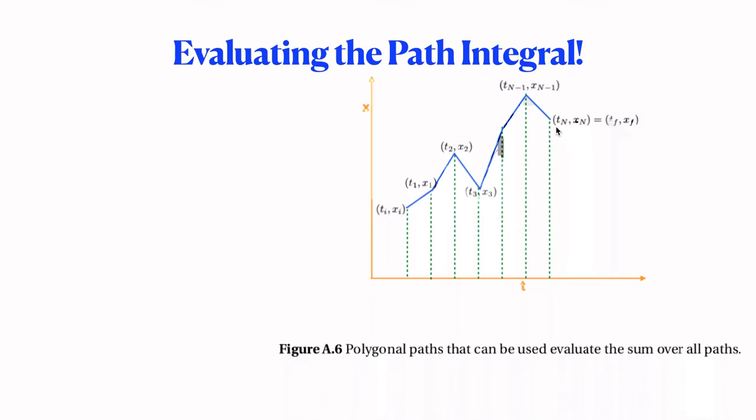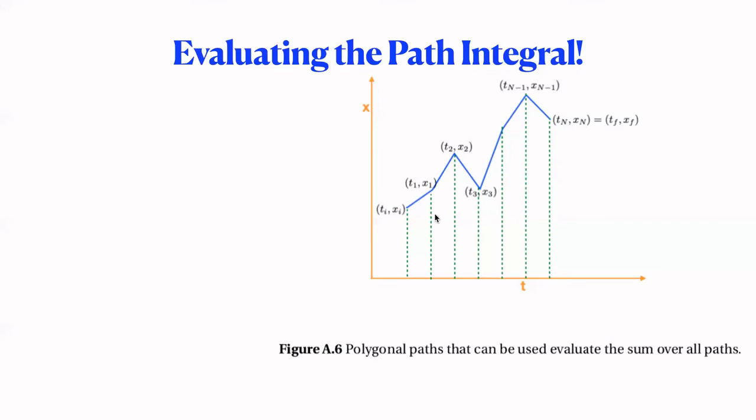One possible way in which you can think about it is, you imagine straight line paths starting here and ending at x1 at the time t1. Then another straight line path starting from there and ending at the time t2, that is at the position x2, then going to x3 at the time t3, and so on, eventually ending up at xn at the time tn.